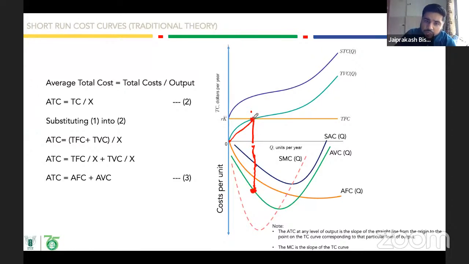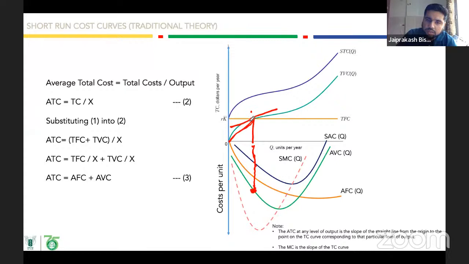But at this point, if I have to calculate the marginal cost, what I will do, I will take the tangent on this TVC curve and calculate the slope of this particular curve. In the earlier case, we are not calculating the slope of the curve, we are just connecting a line from origin to that particular point and calculating the slope of this line, but not of the TVC curve. So in the latter case, when we have to compute the marginal cost, we take the tangent on this TVC curve and calculate its slope.